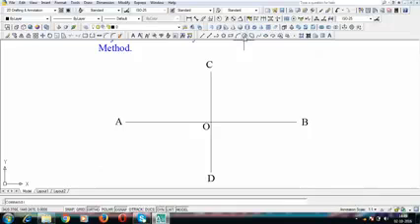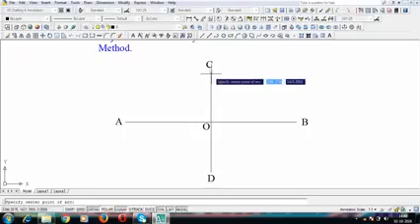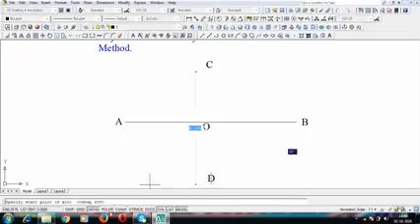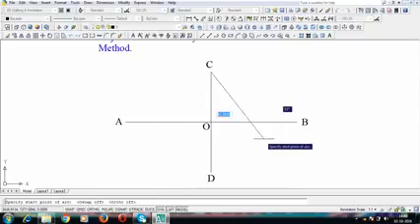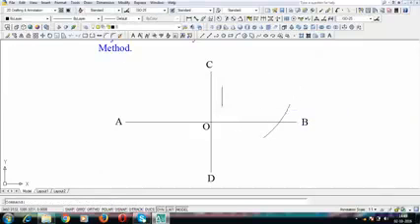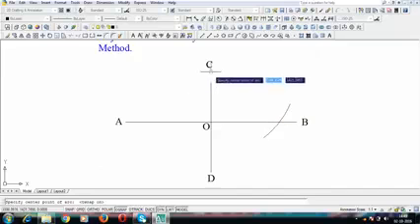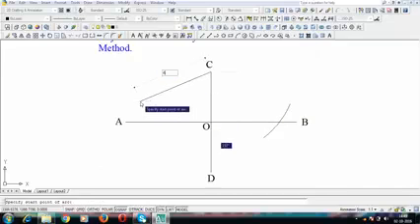I'll tell you how. You need to take an arc with C as center, and with half of major axis, so that's half of major axis, this is going to be an arc. Then again we need to take an arc, and this is going to be again half of major axis, 62.5.